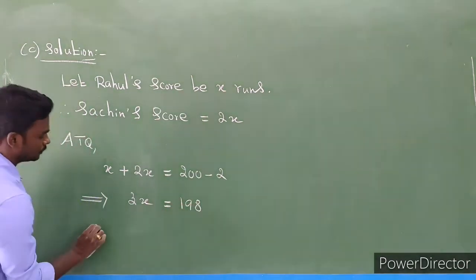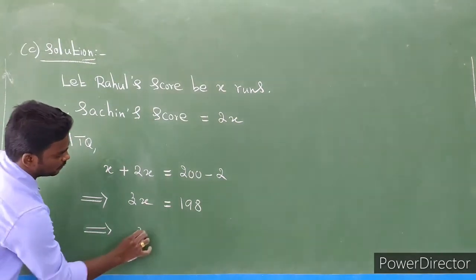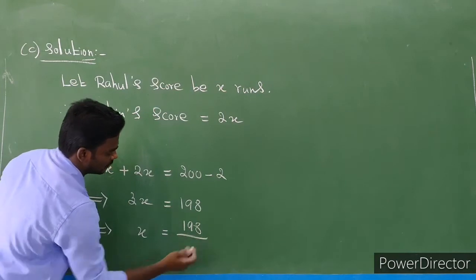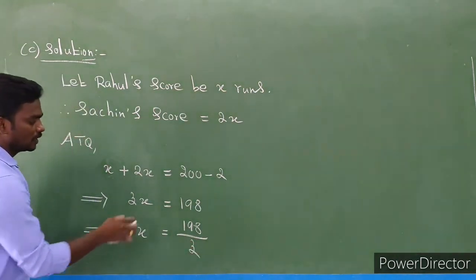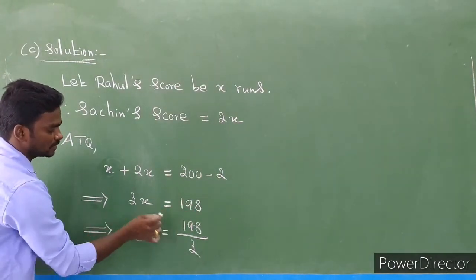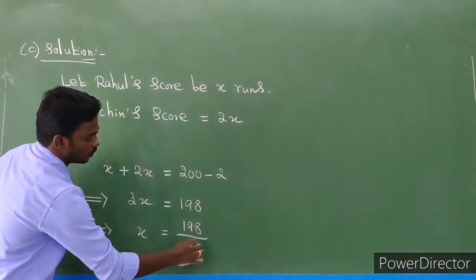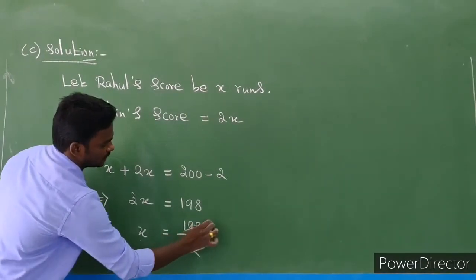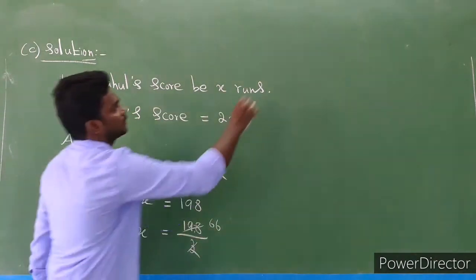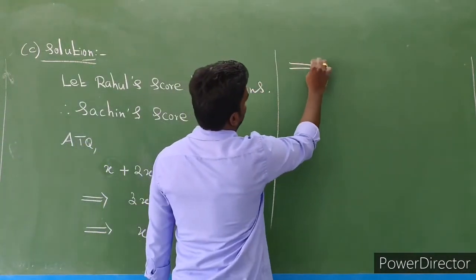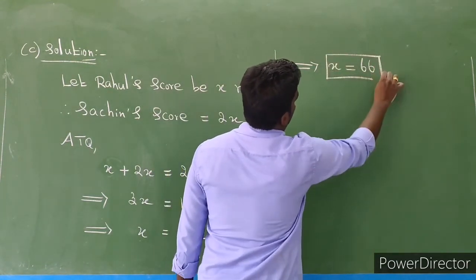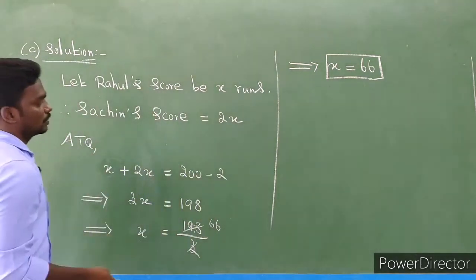That is 198. Keep the value x on the left side, so what is the value on the right side? 198 divided by 3. 3x equals 198, so x is equal to 198 divided by 3. The 3 is transposed to division. 3 ones are 3, 6 threes are 18 and remaining 1, again 6 threes are 18. So 66 runs. The value of x is equal to 66. So x is Rahul's score.